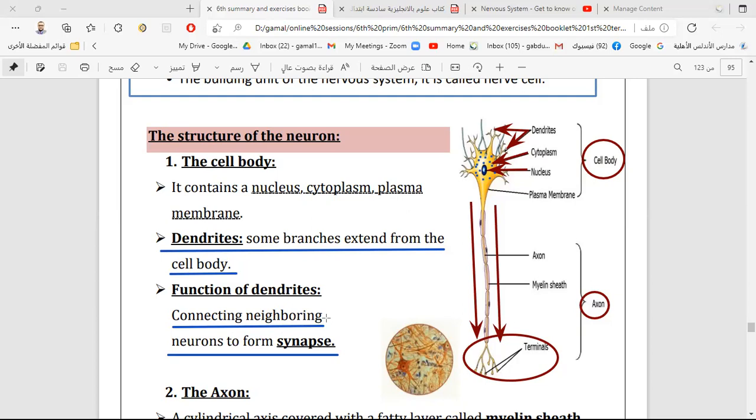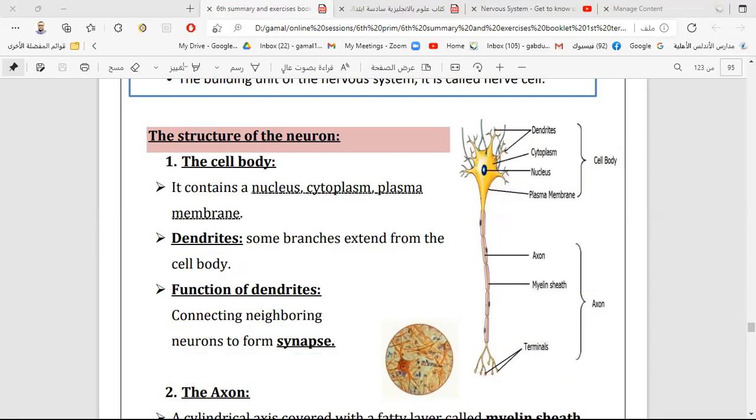Okay. Now let's go to the axon. It's covered with a fatty sheet or fatty layer called myelin sheath. The axon is very long and covered with a fatty layer called myelin sheath. And it ends with some branches called terminals.